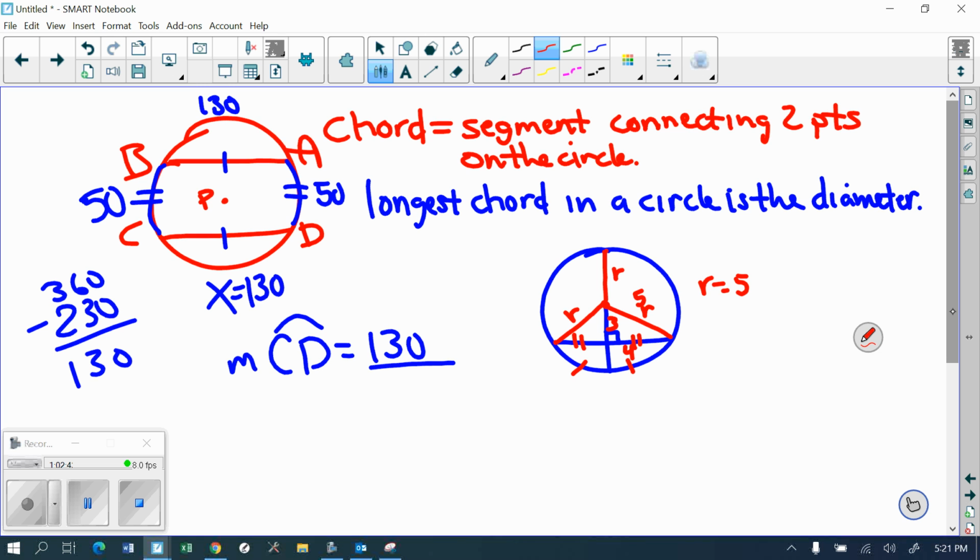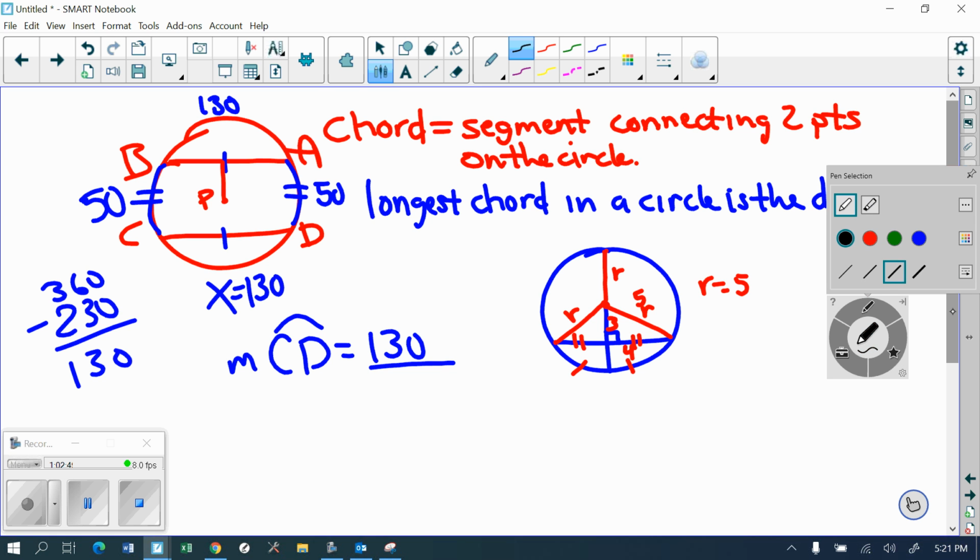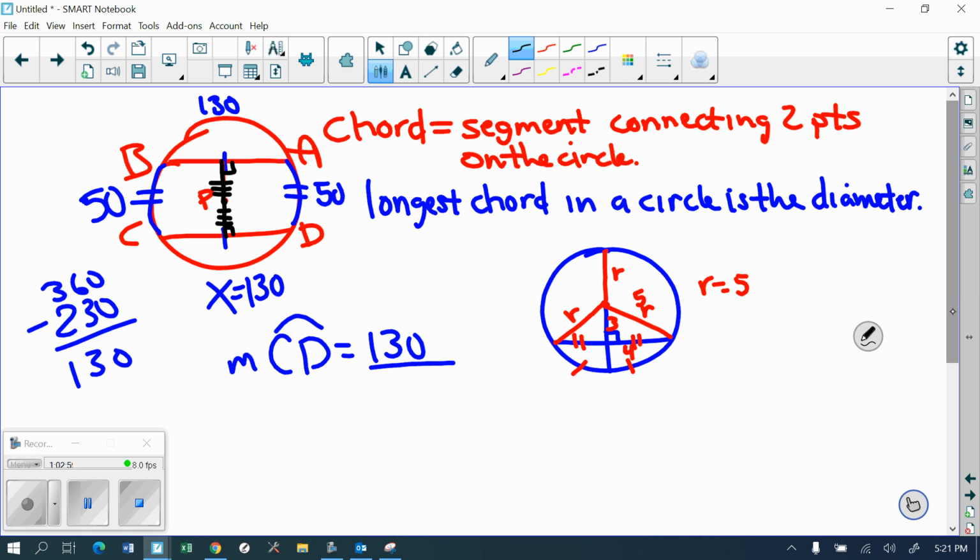Going back up here, if the chords are congruent, they're also equidistant. Let's change the color. They're also equidistant from the center of the circle. So this length has to be equal to this length, and distance is always at 90 degrees. So if two chords are congruent, as you see they're already congruent, then they're equidistant from the center.